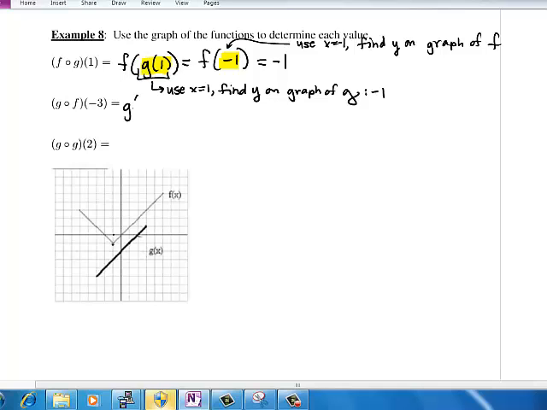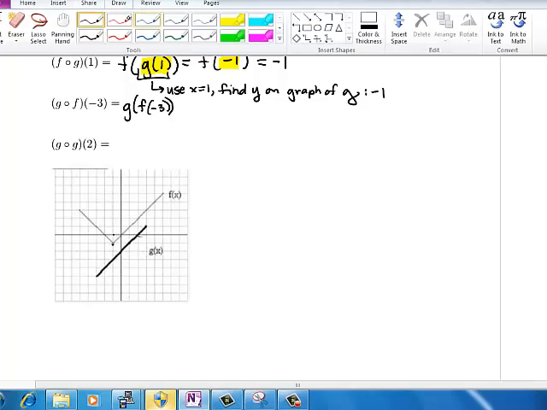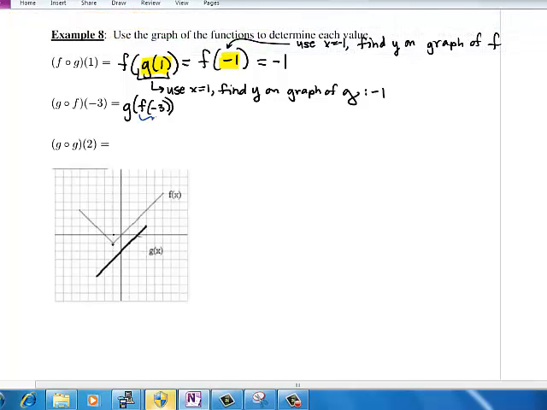G of f of negative 3 says first, for the inside part, use x equals negative 3, find y on the graph of f.